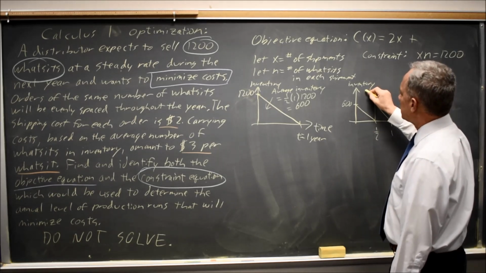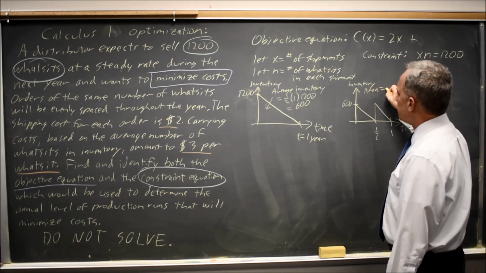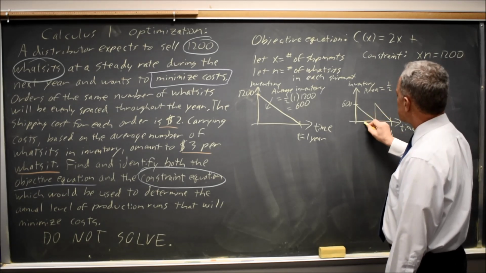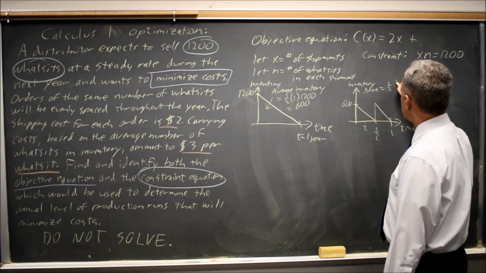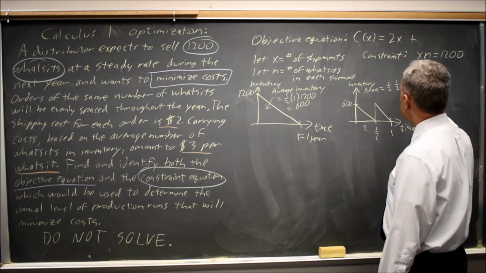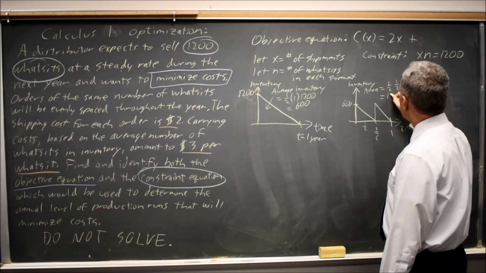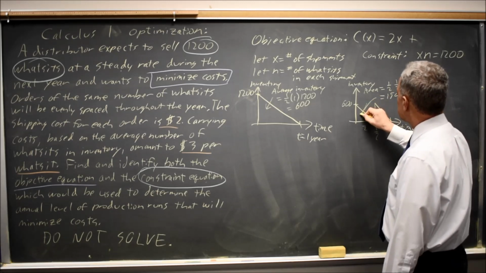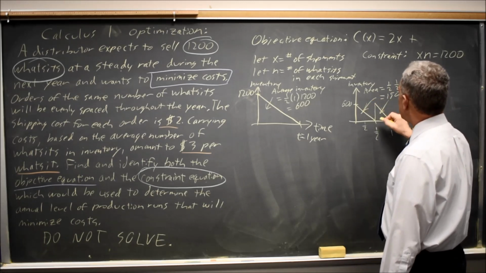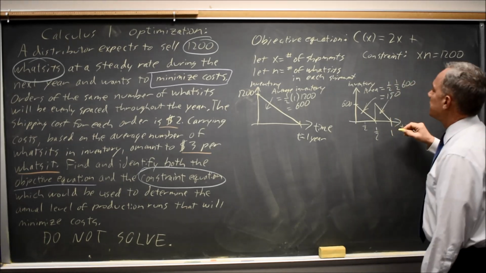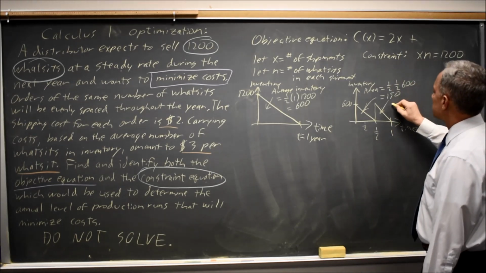So my area is 1/2 the base, which is 1/2, times the height, which is 600, which is 150 here and 150 here. So my total average inventory equals 300.